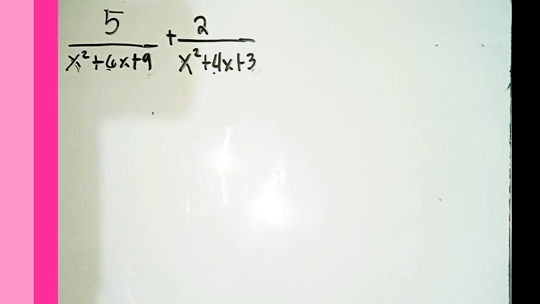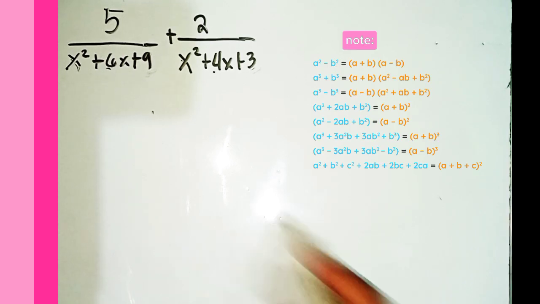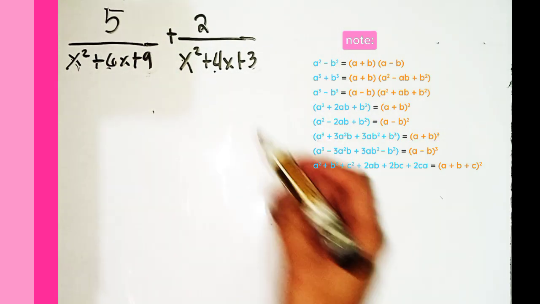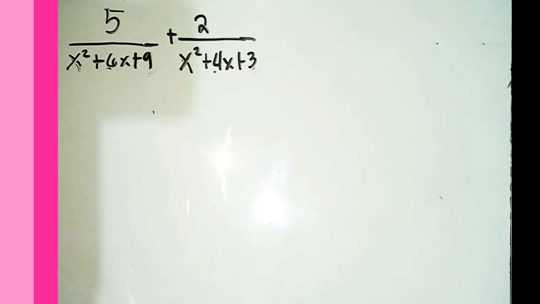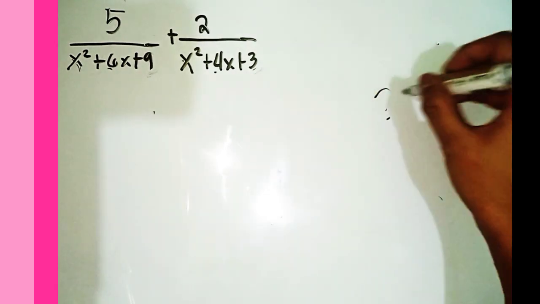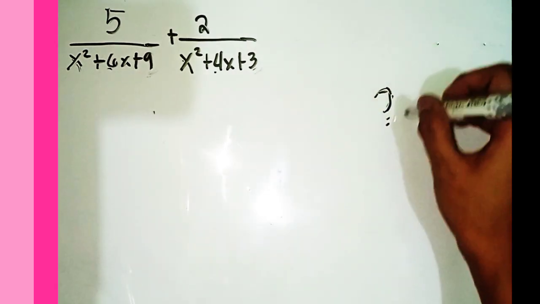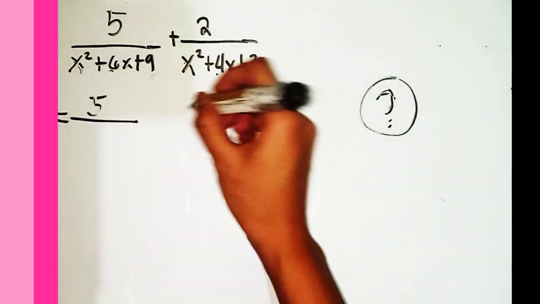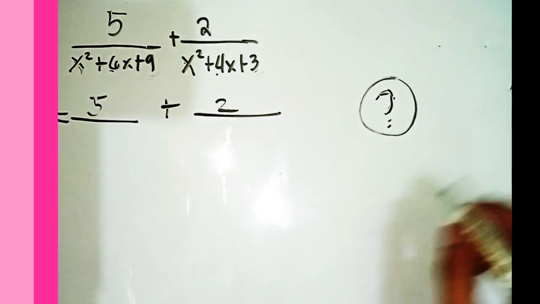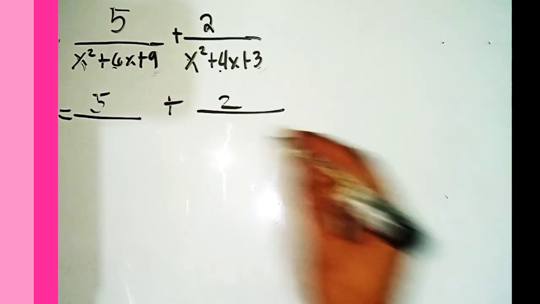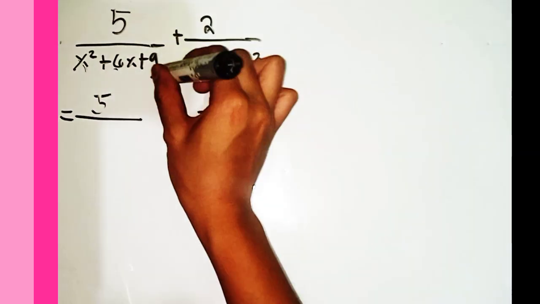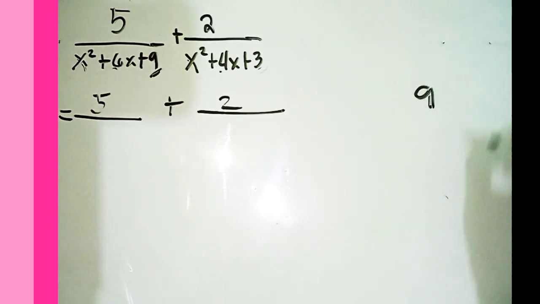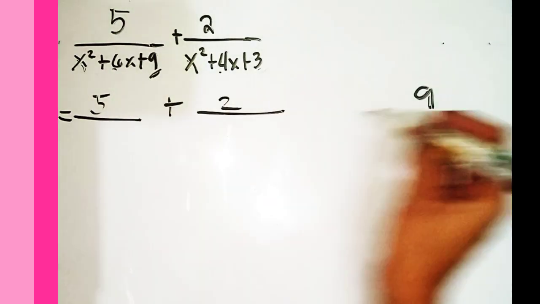So we have here a trinomial denominator. Before we are going to get their LCD, we should factor that first, because x squared plus 6x plus 9 is still factorable. So we need to find factors of 9 that would add up to 6.